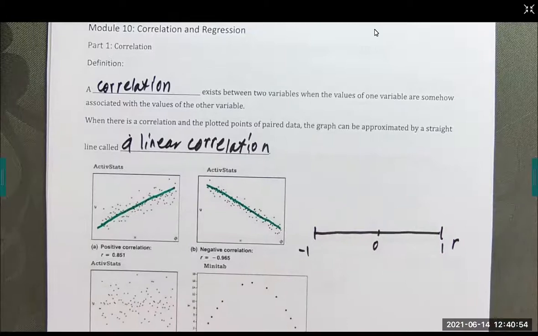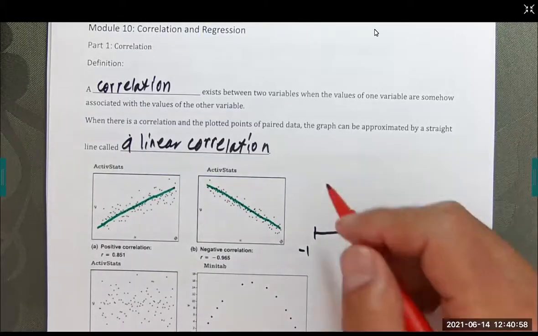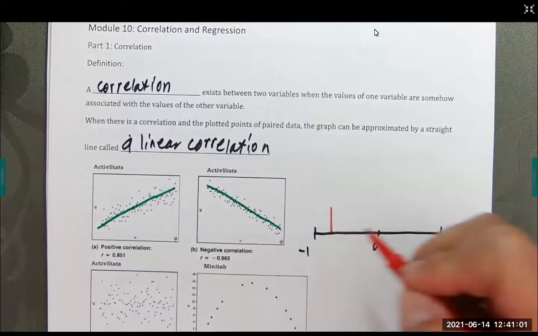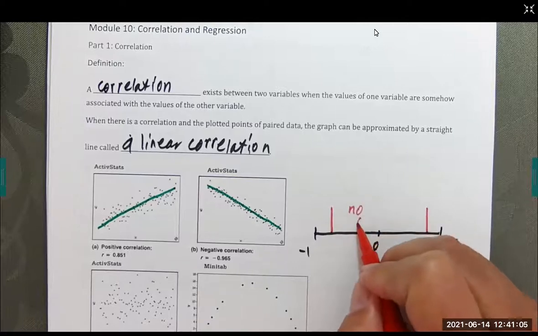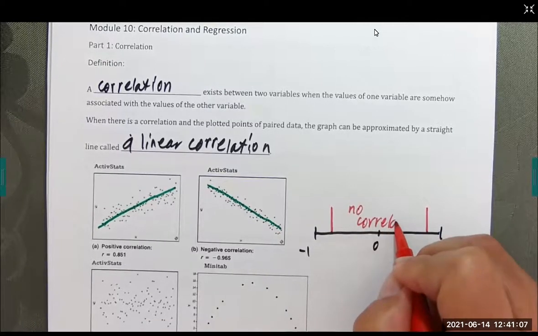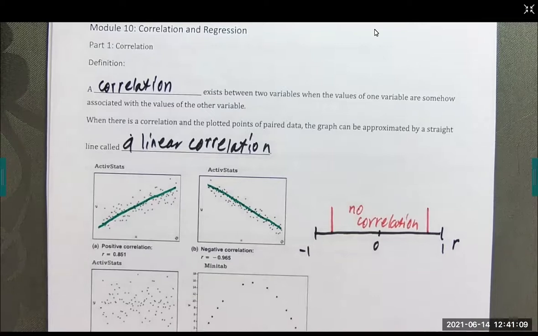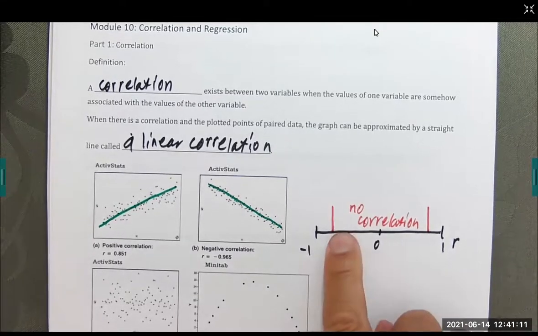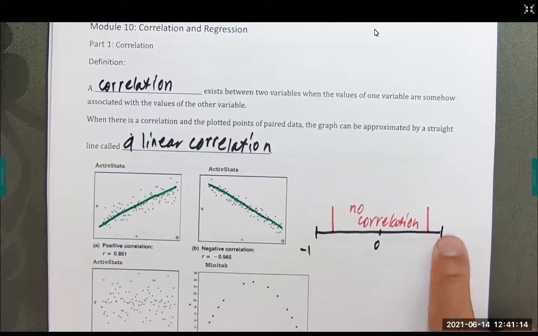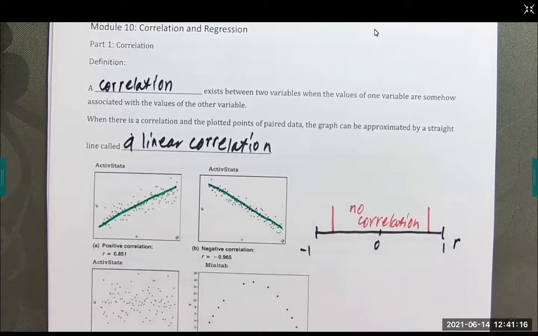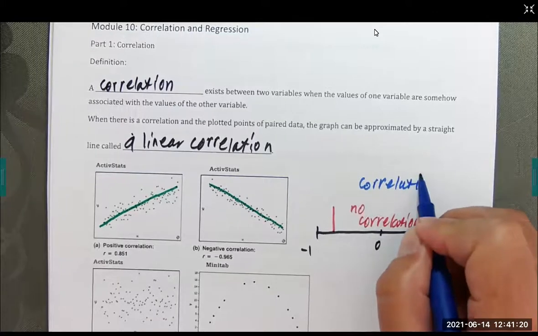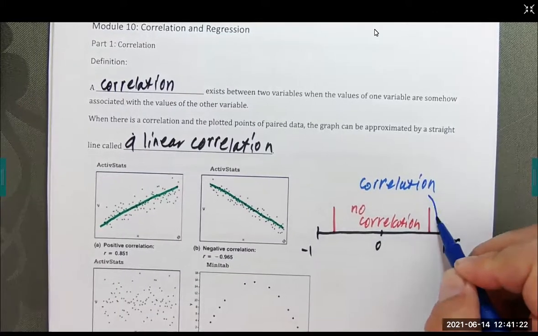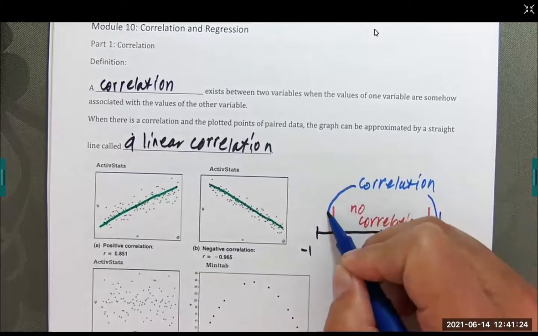We're going to come up with some critical values that give us cutoffs. In between here, there is no correlation. But if we're between this barrier and -1, or this barrier and 1, then we have a correlation, here or here.